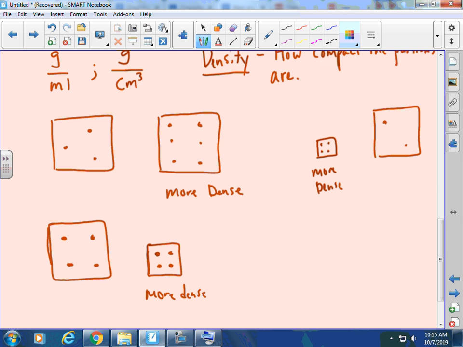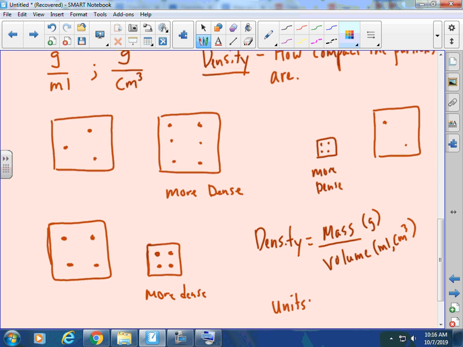So if we put density into a definition for math, density is mass divided by volume. Okay, so the mass is going to be in grams, the volume is going to be in milliliters or centimeters cubed. Therefore, our units for density are either grams per milliliter or grams per cubic centimeter.